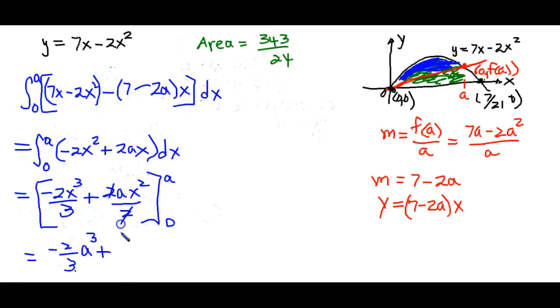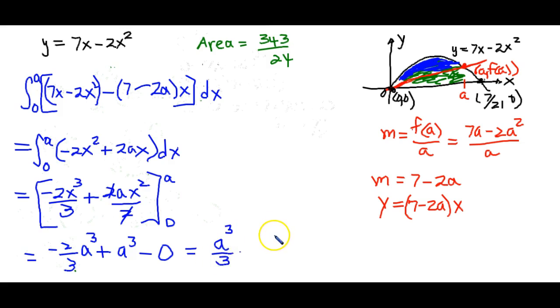Now these 2's are going to cancel, so I'm just left with a times a squared, which is a cubed. And when I plug 0 in for x into that expression, everything goes to 0, so it's just minus 0. Combining those two terms, I end up with a cubed over 3.